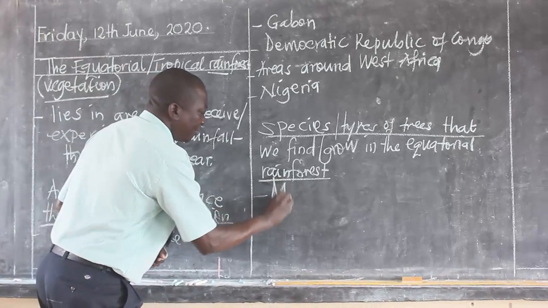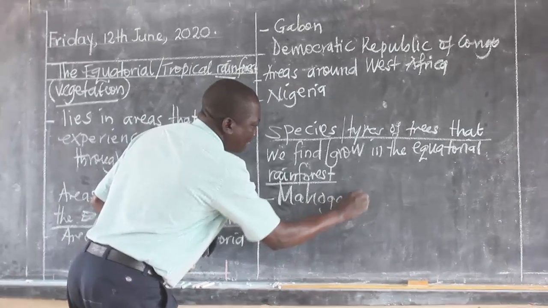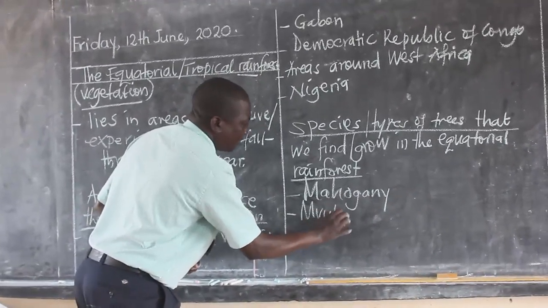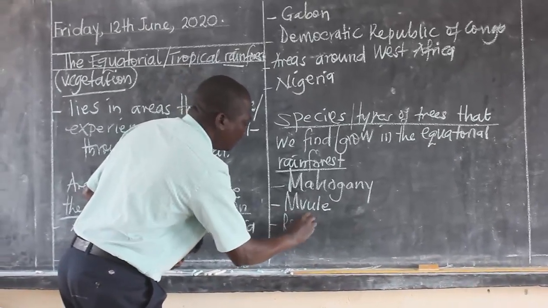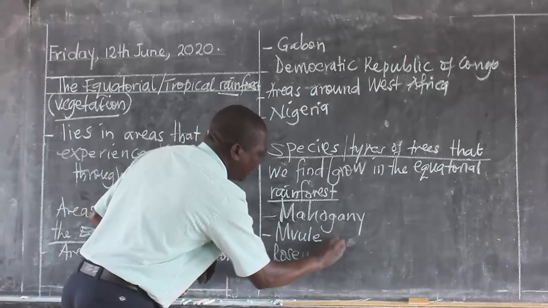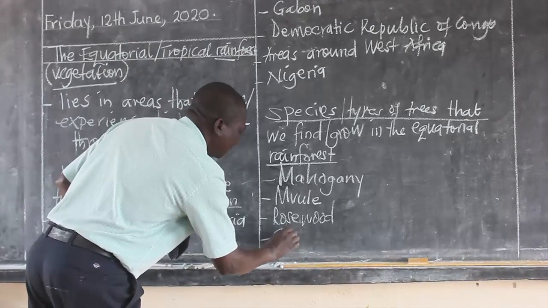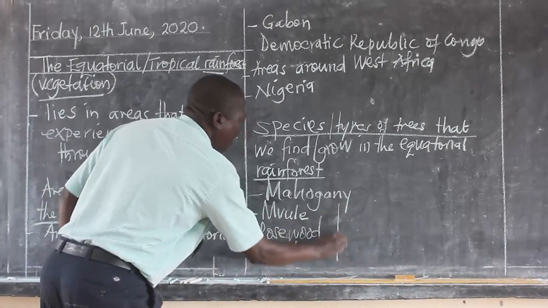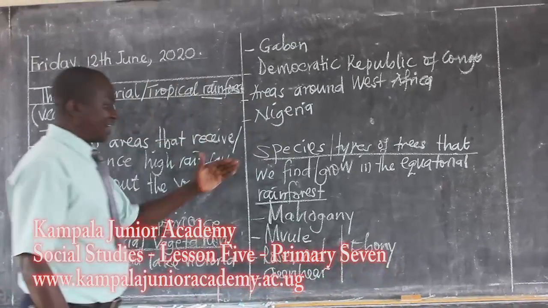One, we have what we term as the mahogany. Another one is the mufule. Another one is the rosewood. I know you know these examples. Another one is the green heart. You can talk about what we term as the ebony and many others.